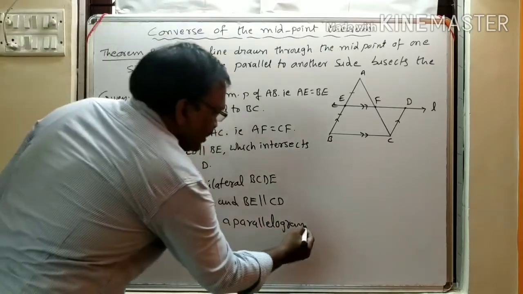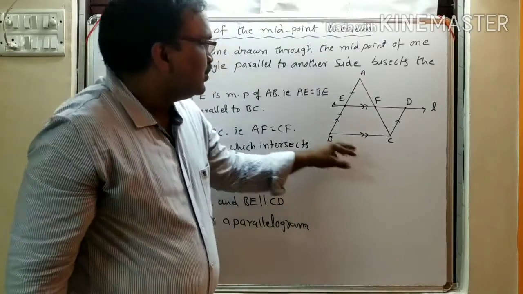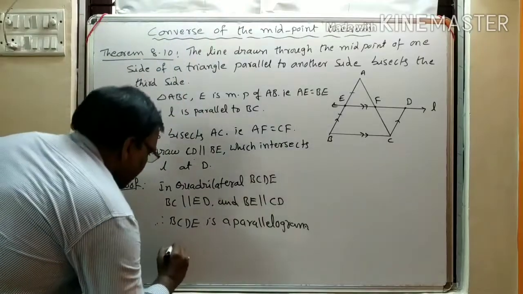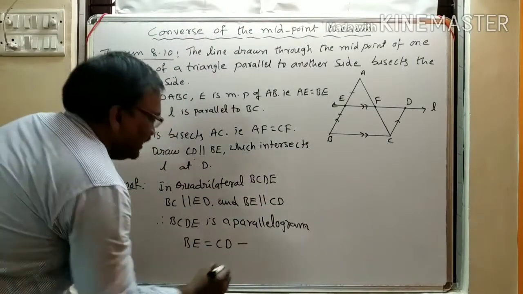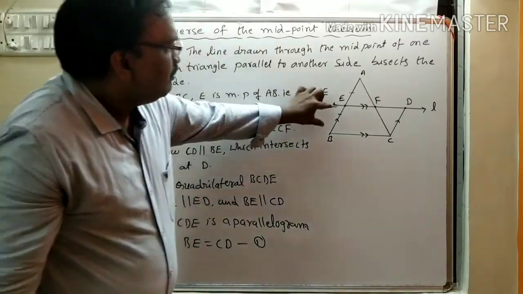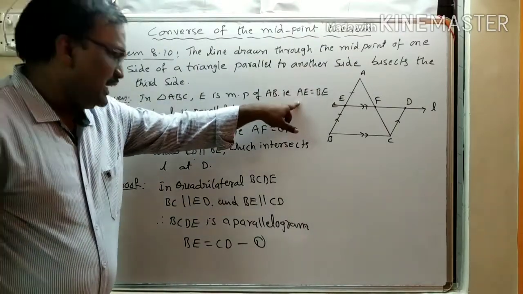So in a parallelogram, opposite sides are parallel and equal. Therefore, the length of BE is equal to the length of CD. But what is given? BE is equal to AE, given.